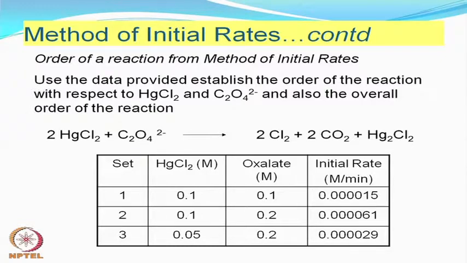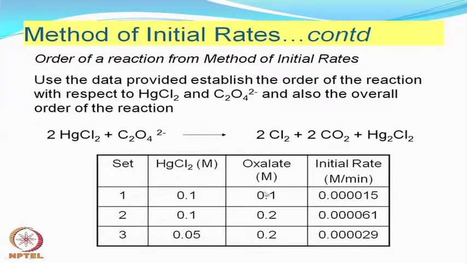In set 2 mercuric chloride is 0.1 and oxalate is double that of set 1, it is 0.2. In the third set mercuric chloride is 0.05 and oxalate is 0.2. The corresponding initial rates, that is the slope of the concentration versus time plot, are 4015 for set 1, 4061 for set 2, and 4029 for set 3.